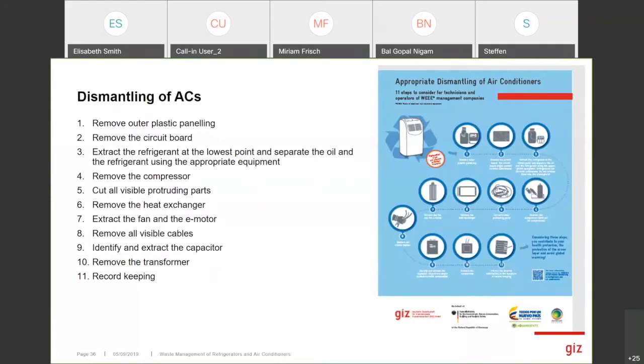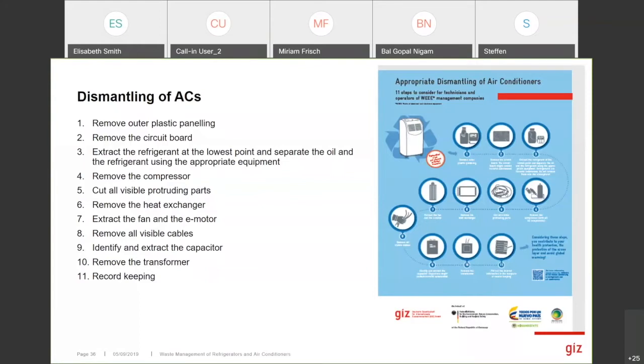First, we start with our plastic paneling removal, and then we go to the circuit board. Third, extract the refrigerant at the lowest point and separate the oil and the refrigerant using appropriate equipment.